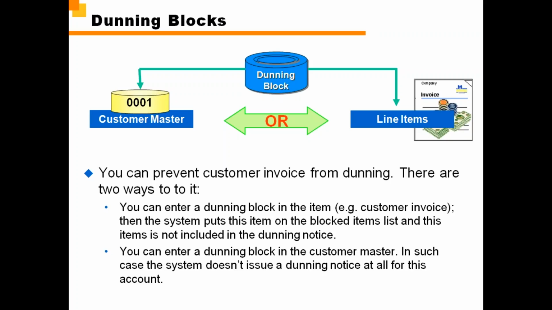Let's suppose we have done the dunning blocking at a customer account level. For that customer, if you have n number of invoices which are overdue, that customer will not be sent any reminder. Why? Because we have done the blocking at the customer master record. We can do this for our sister company.